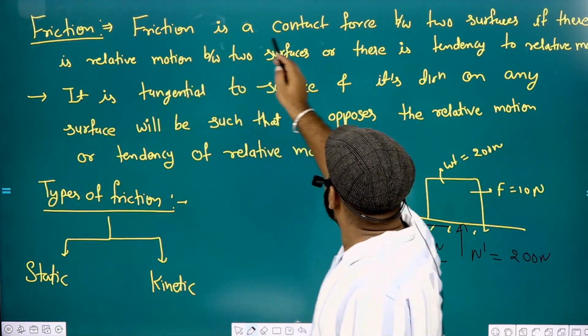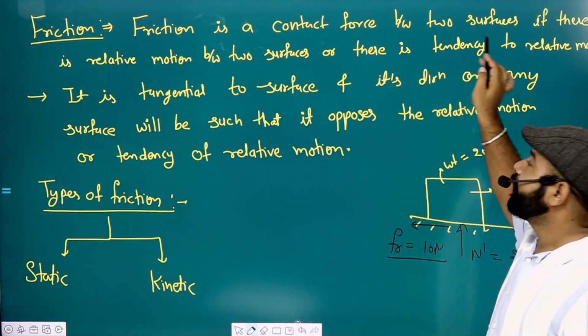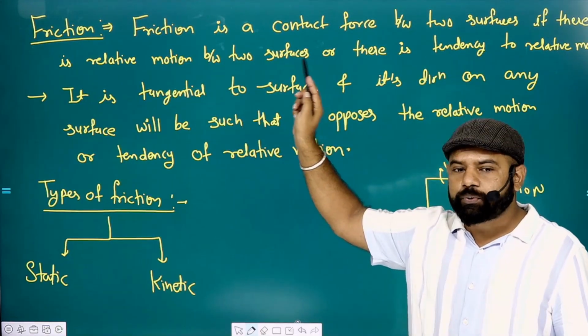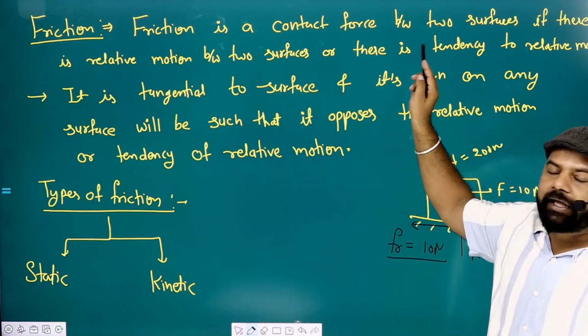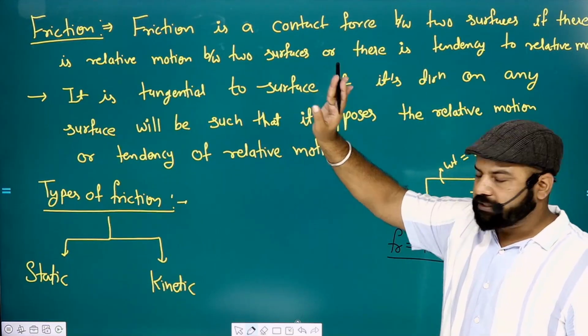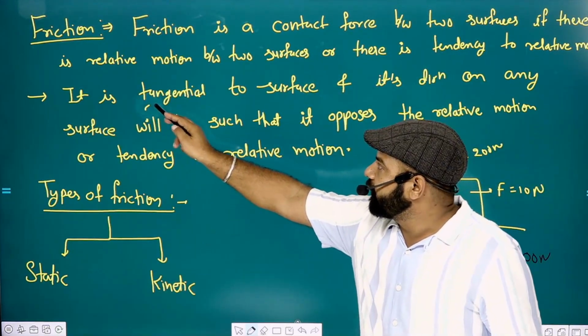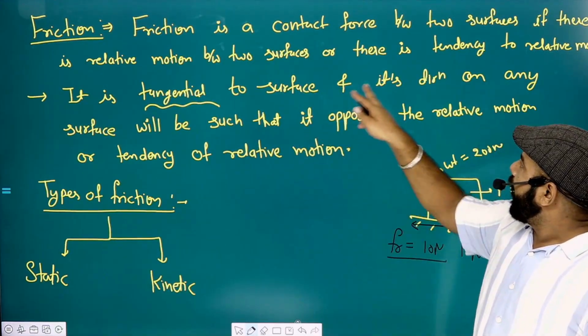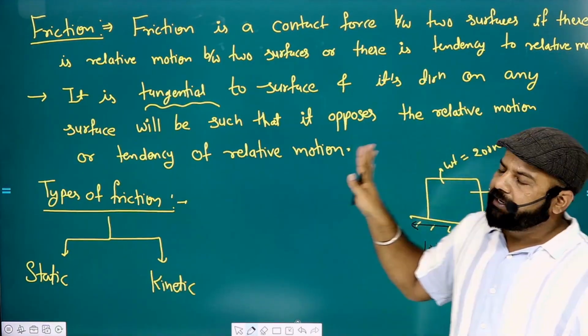So friction is a contact force between two surfaces if there is relative motion between two surfaces or there is a tendency of relative motion between those two surfaces, right? It is a tangential force, meaning parallel to the surface.